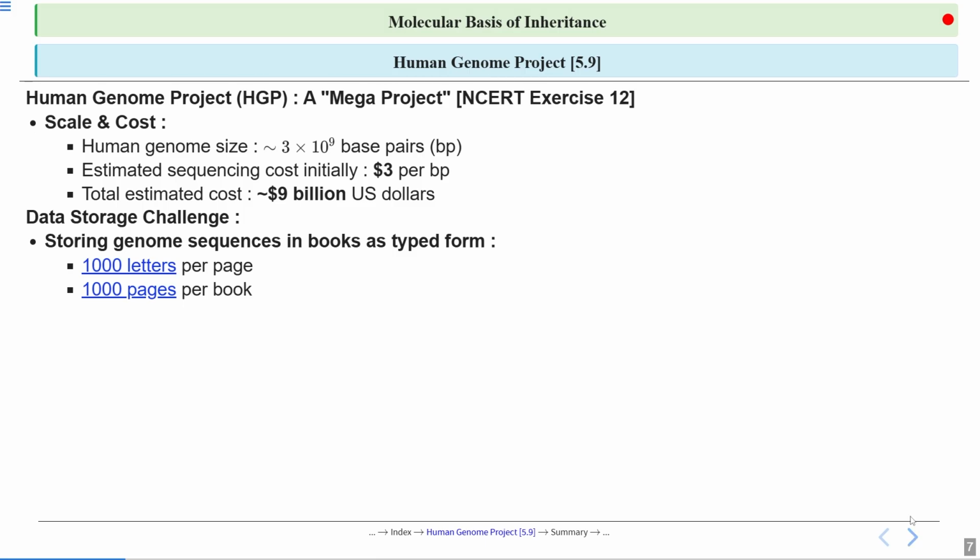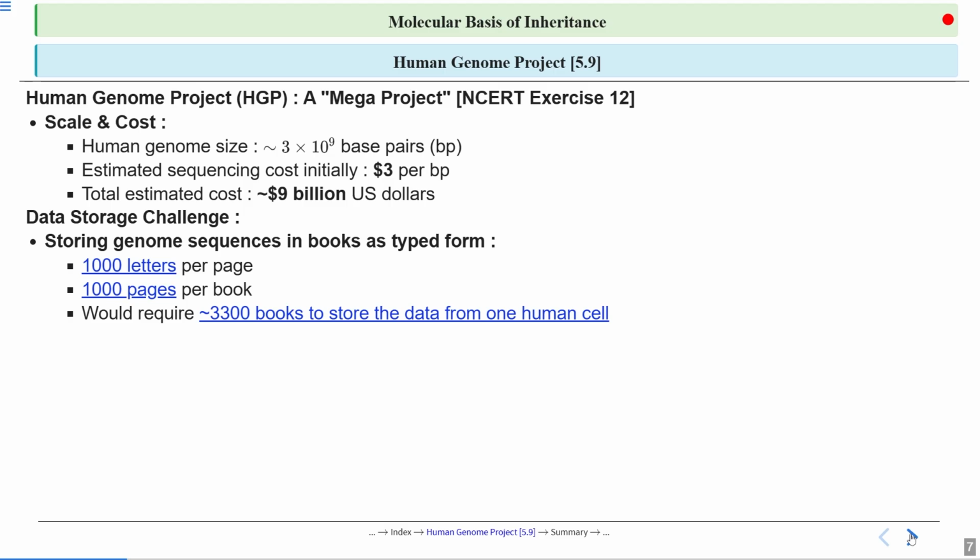So we would require approximately 33,000 books to store the data from one human cell.